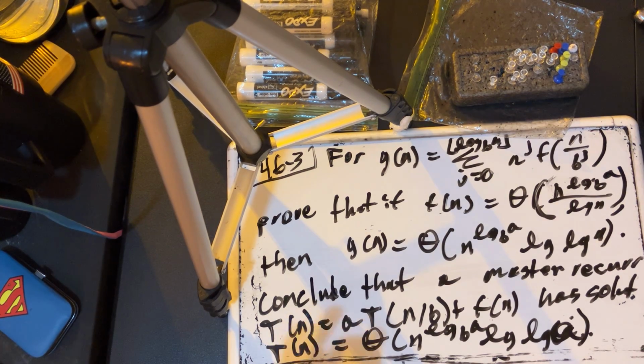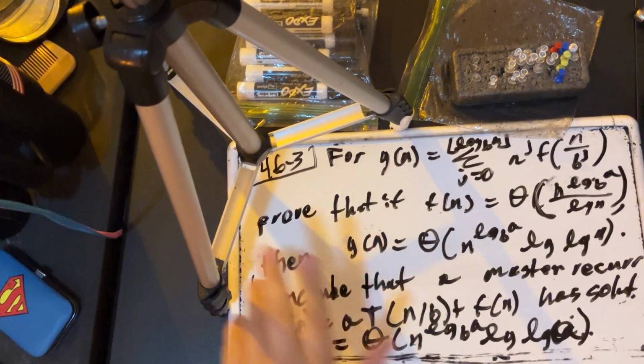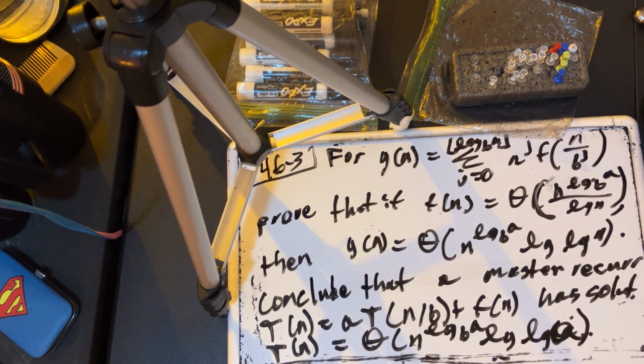So g of n is n to the s times a harmonic sum over log of n, then log of n minus log of b, then on and on, which totals to theta log of log of n. So theta log of the log of n.